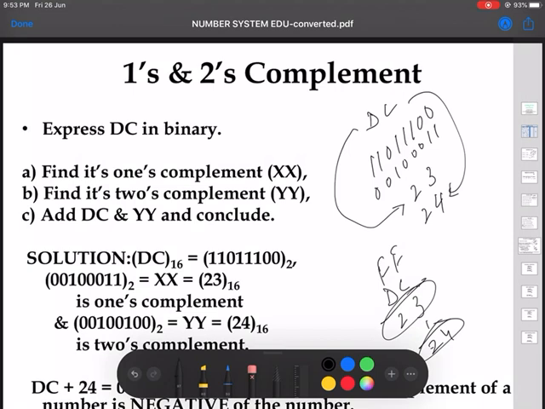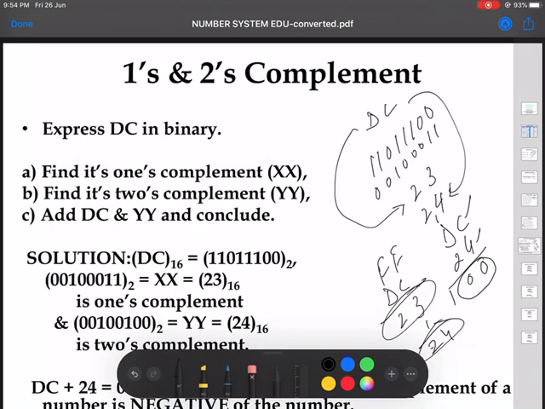The interesting thing here is, if I add DC to its 2's complement, this is 12 plus 4, that is 16, and 16 minus 16, we're in hexadecimal, is 0, and 1 will be carry. 13 plus 1 is 14, plus 2 again 16. If I neglect this carry, then the answer comes out as 0. And we know only when a number is added to its negative do we get 0.